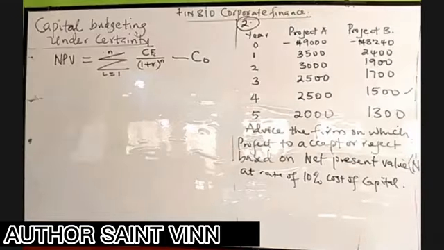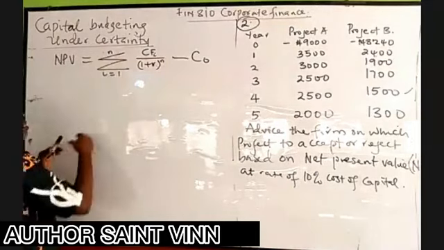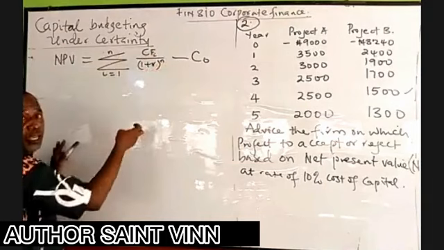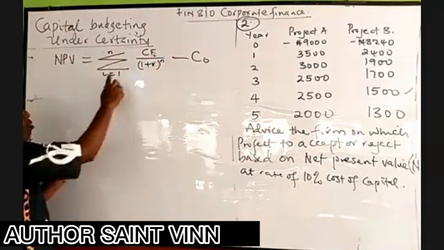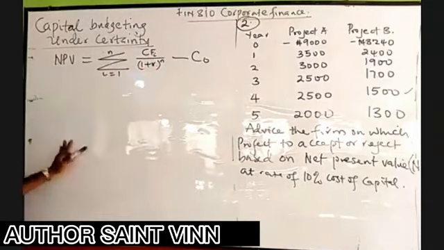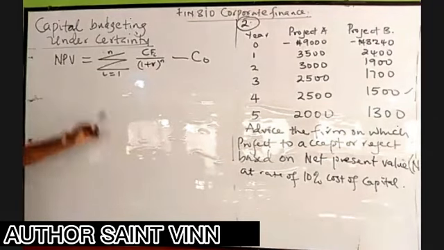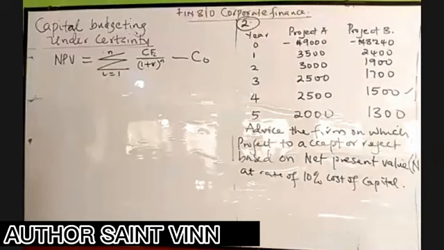The cash flow runs from year 1 to N. This is CFt, where t means year 1, year 2, year 3, year 4.